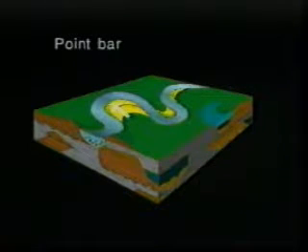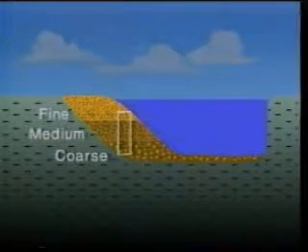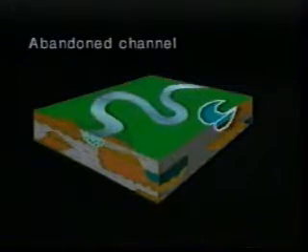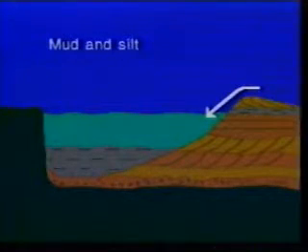Since their upper layers encounter increasingly weaker currents, the grain size of the sand diminishes upward in each point bar sequence. In abandoned channels, this building out of the sand-dominated point bar sequence is halted and covered by fine sediments that settle slowly from suspension in the oxbow lake, which is resupplied with material during periods of flooding.